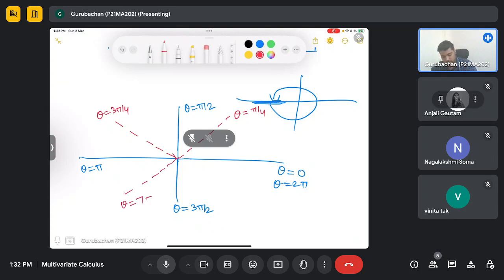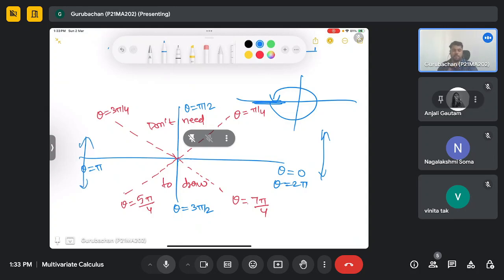This is 5 pi by 4, and continuation of this will give us 7 pi by 4. So we don't need to draw in this region. Just we need to talk about this one and this one.